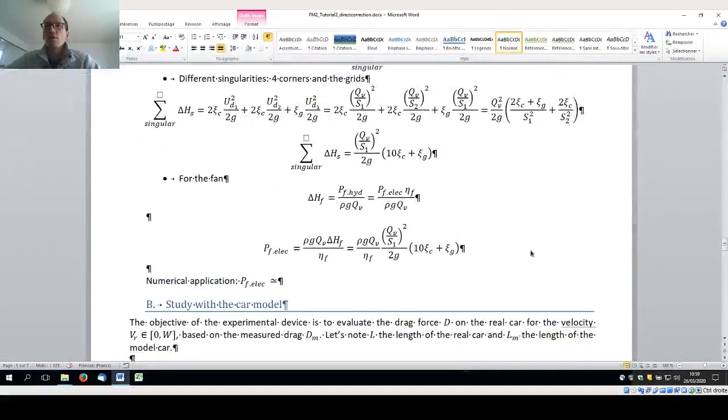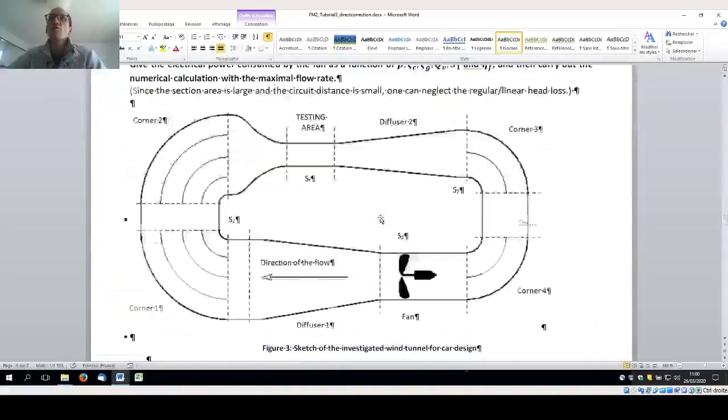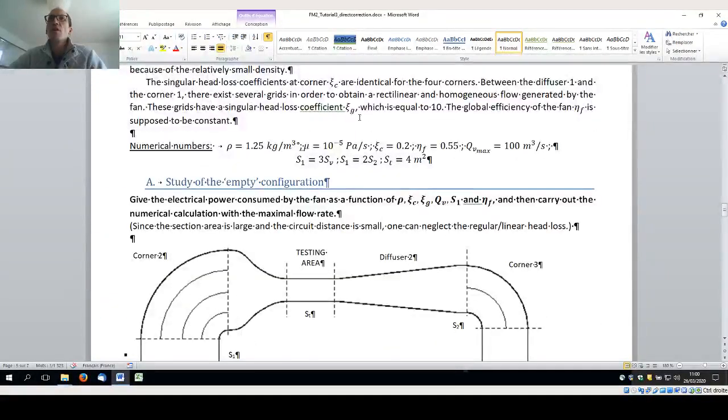And since you are placing this inside the wind tunnel, it's inducing some specific head losses that you need to take into account here, because as is said in the subject, the grid has a very strong head loss coefficient.